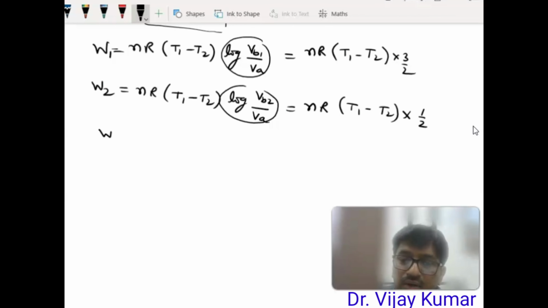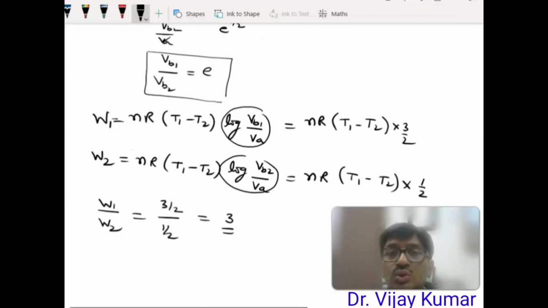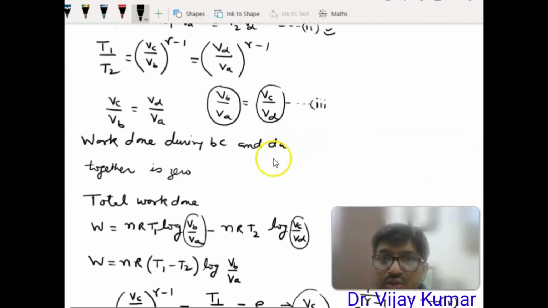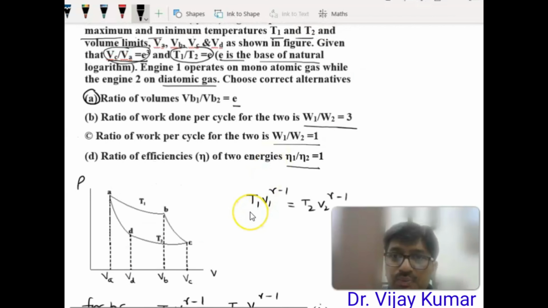Now dividing W1 by W2, nR (T1 minus T2) are common. So 3 by 2 upon 1 by 2 becomes 3. So now we should check the answer. W1 upon W2 is 3, and one option says 1, which is the wrong answer. So A and B both are correct, C is wrong.